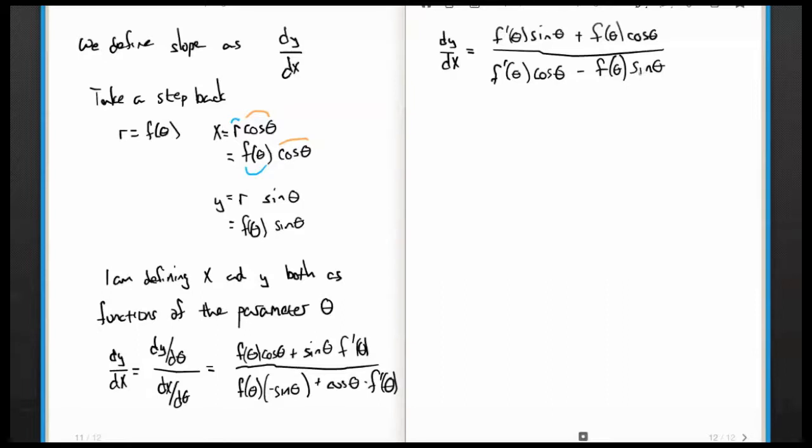All right, finally, holy cow, this is getting long. I'm going to start on page 13 here. We're going to do one example where we try to apply all this stuff. And our example is going to be r equals 1 plus the sine of theta.